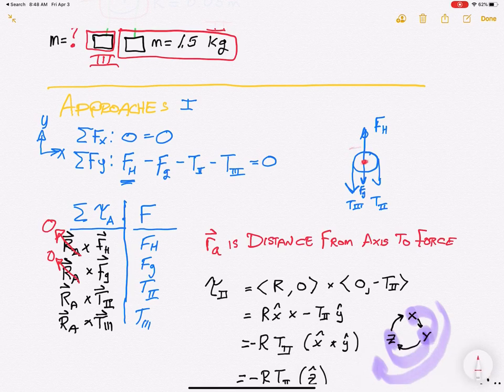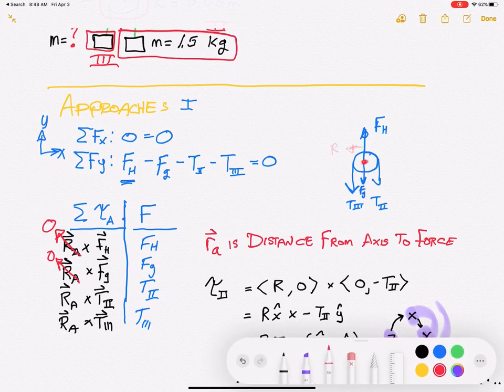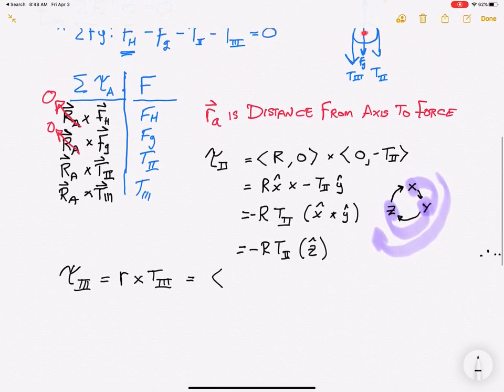So we're going this way to get R. So I wind up with a negative R acting in the x direction, crossed into the T3 pointing down. Hey, where'd you go, eraser? Okay.